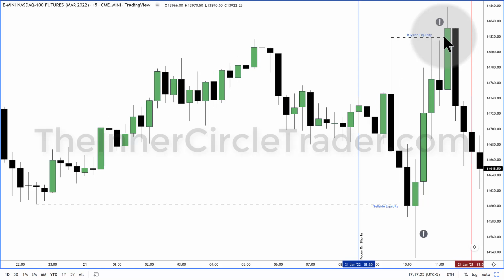All right, so we have both of these areas, here and here, where there would be a likelihood of a market structure shift. Up here, we look for a fake run above. How do we know it's going to be a bearish market structure shift? I get that question a lot, even from mentorship students.